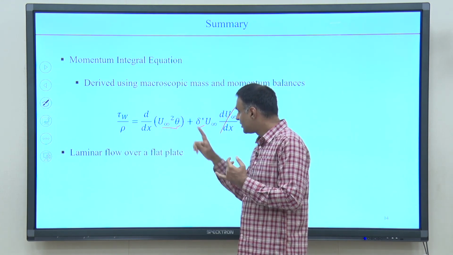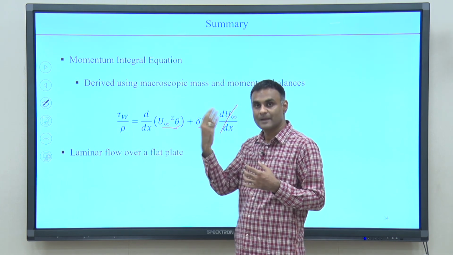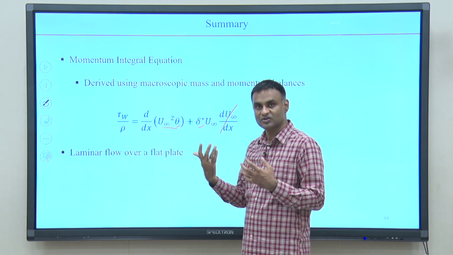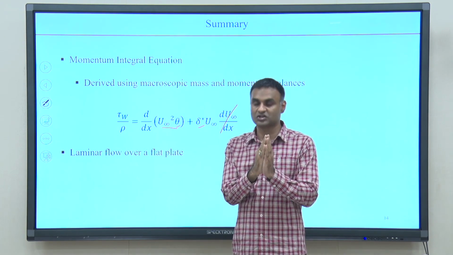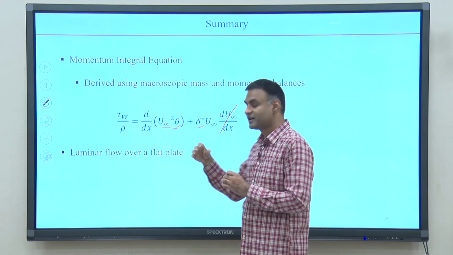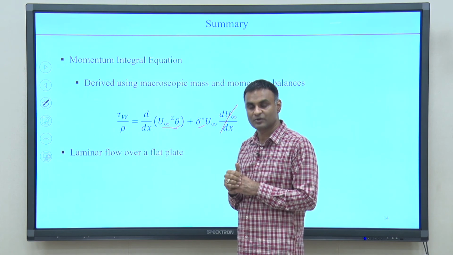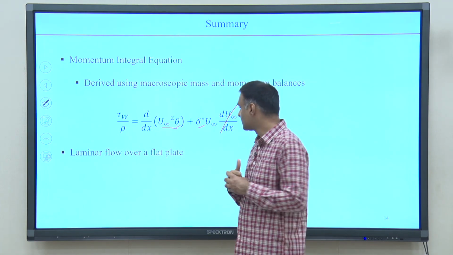So, we needed tau w and we needed theta. For theta, we needed the velocity profile. So, we assumed a velocity profile. Remember, this was an assumption, it does not necessarily come from a physical basis. We assumed that it is a parabolic velocity profile, and then we used the boundary conditions to obtain the constants in that.